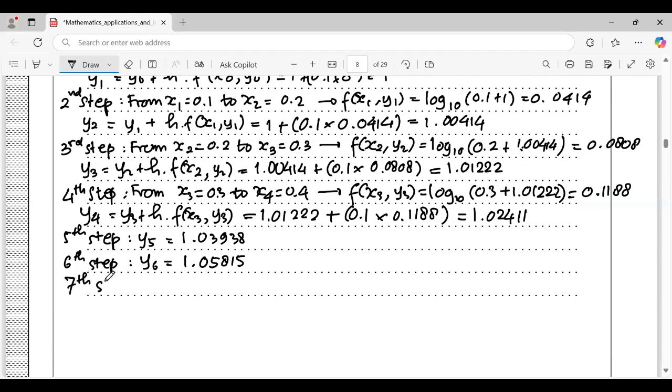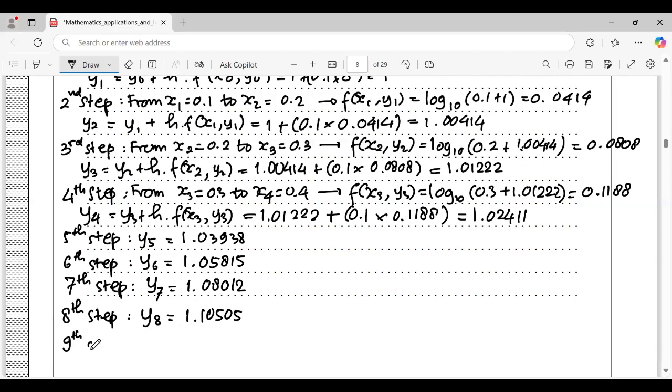The seventh step, y7 got 1.08012. The eighth step, y8 got 1.10505.